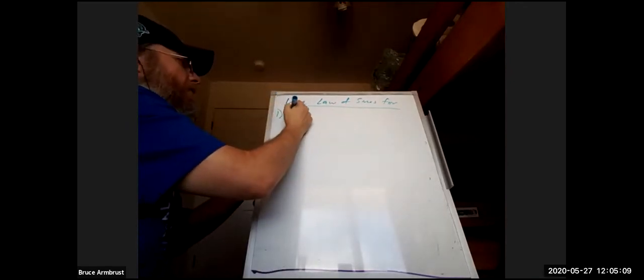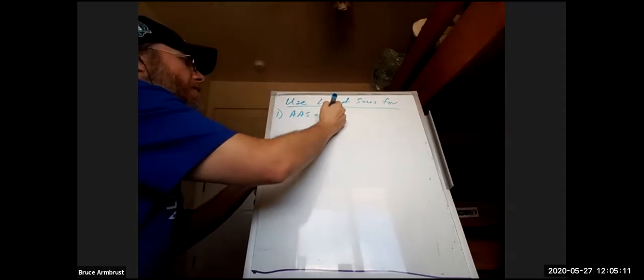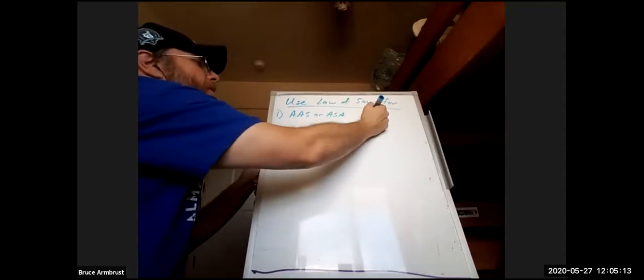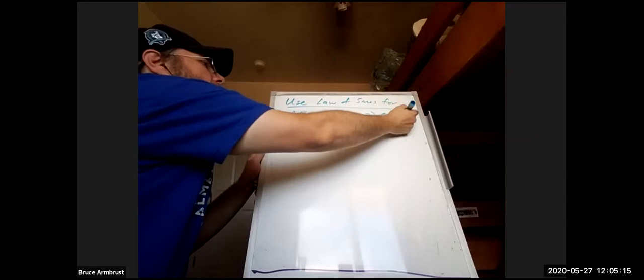Let me actually make this complete. For one, it was AAS or ASA. And then for two, now this is SSA. So this is where we know two sides and one of the angles. But this is a very specific case of the two sides.